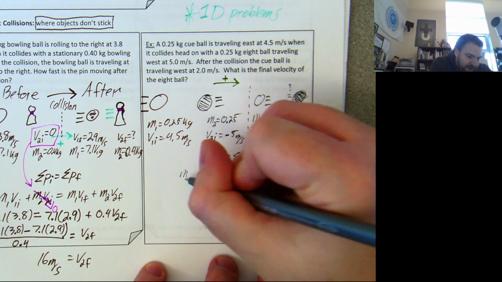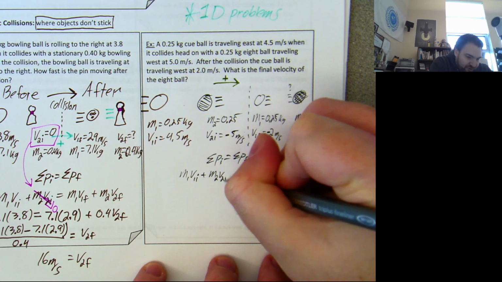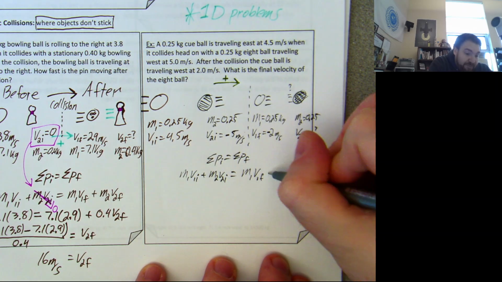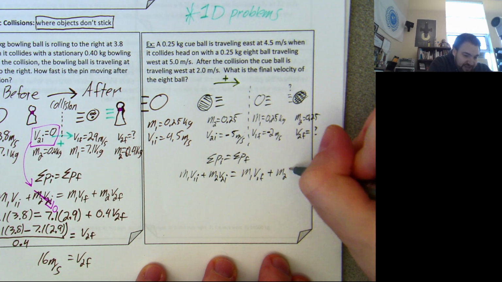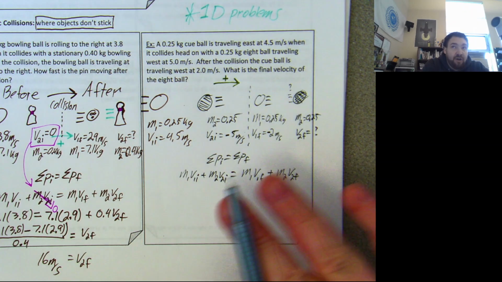So M1 V1 initial plus M2 V2 initial, they're going to equal M1 V1 final plus M2 V2 final. And this time, no masses are zero, no velocities are zero, so we can't cancel anything out. We've got all of this to deal with.